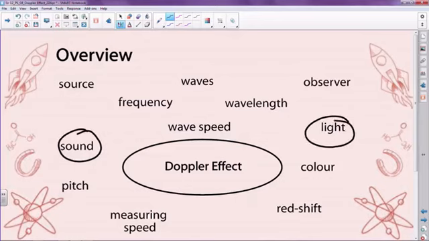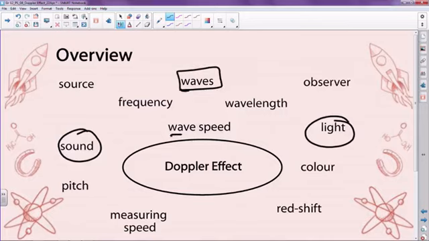Now, within the Doppler effect, we have to consider a couple of things. First of all, we have waves. We have to consider the wave speed, how fast the wave is going. That plays a very, very important role. We need to consider what the source is, and in fact, how fast the source is going.